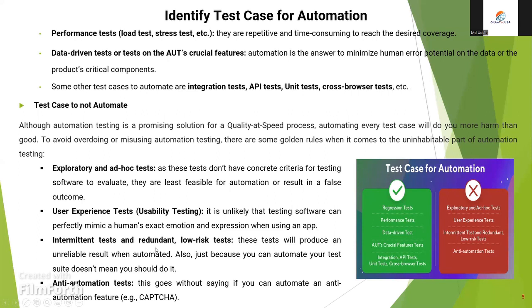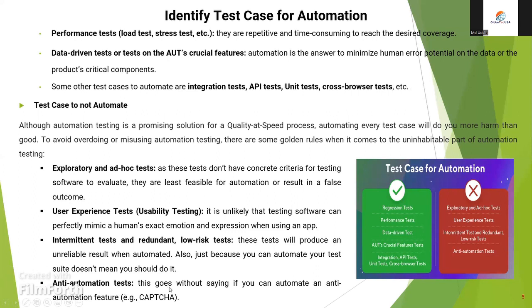You can test it, but it is not going to give you any result. So why waste your time, money and resources building test scripts when you can test manually, maybe in 10 minutes, once every 3 or 4 months? Clear?